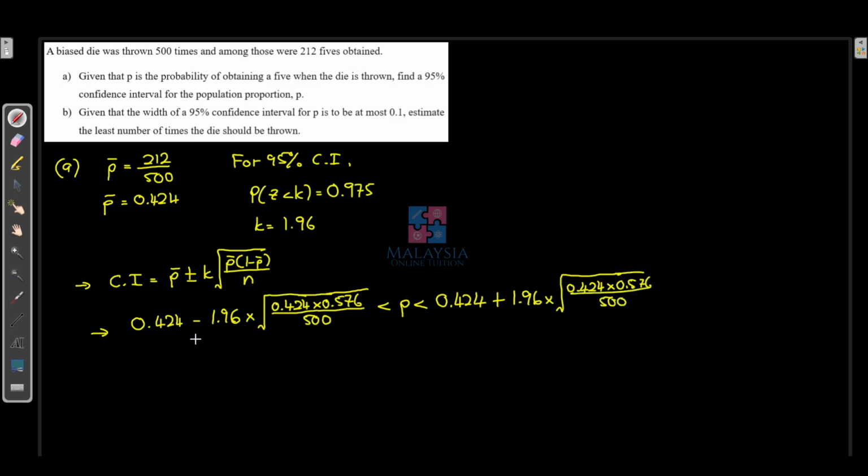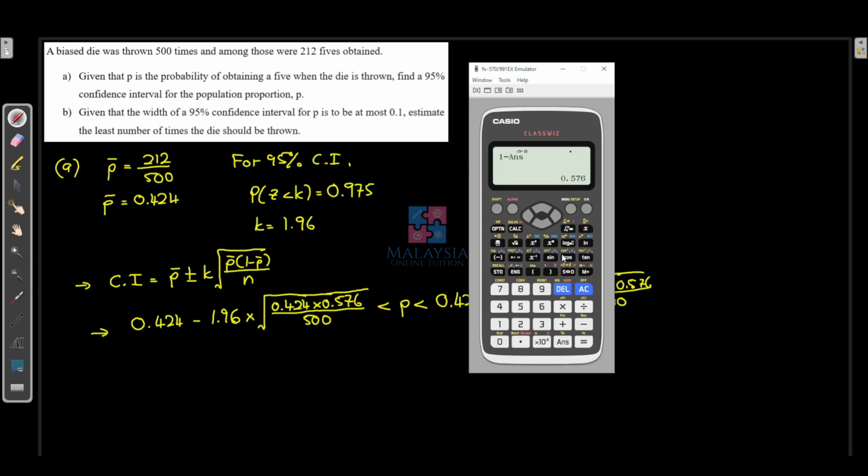As usual, we find the bit first. So the square root of 0.424 times 0.576, actually I have to do this straight away: 0.424 times 0.576 divided by 500, and then times 1.96. So this is the bit.